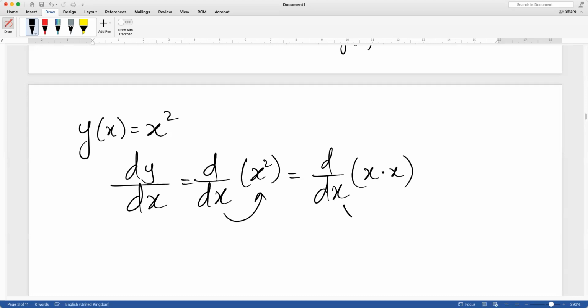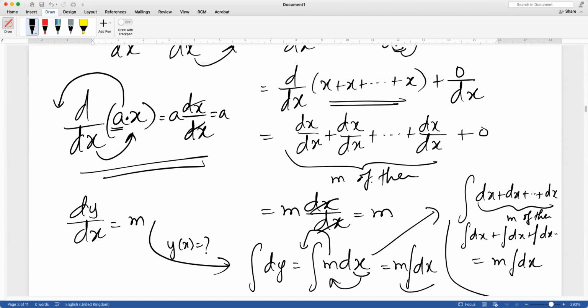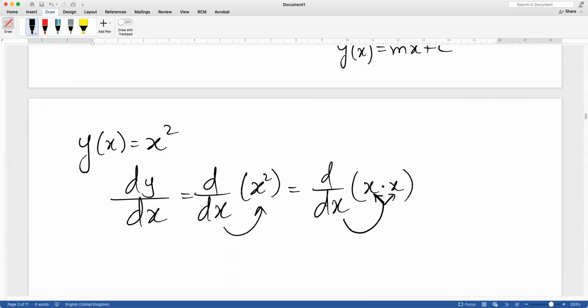So from the x differentiating point of view, both the quantities which are getting multiplied are related to x. In the previous case, it was an addition, so we just split it into possible additions. But now it is a multiplication, meaning x dot x actually means x plus dot dot dot plus x. If you count how many of them, there are x of them. Do you get that?